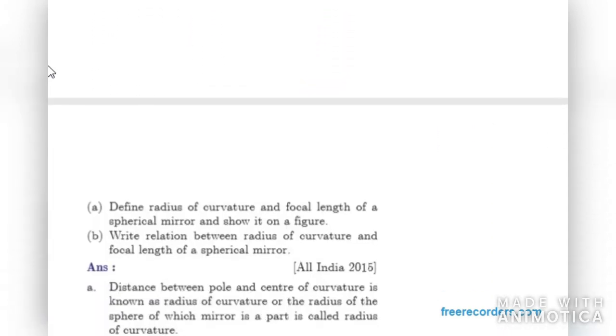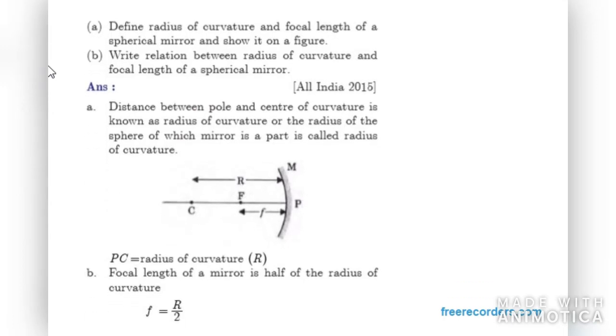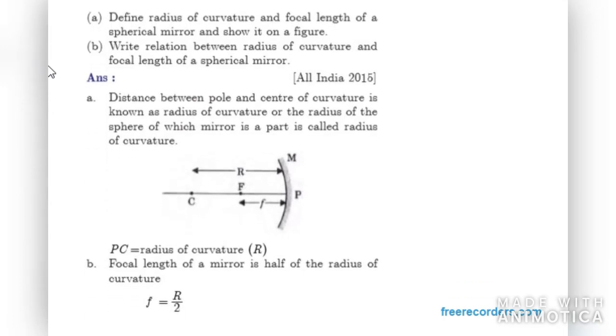In this question it says define radius of curvature and focal length of a spherical mirror. Show it on a figure. Write the relation between radius of curvature and focal length of a spherical mirror. So for this I will suggest you to write down all the definitions of this chapter because they are all very important from the viewpoint of the CBSE board. So write them down or learn them by heart so that you can write them in your examination.